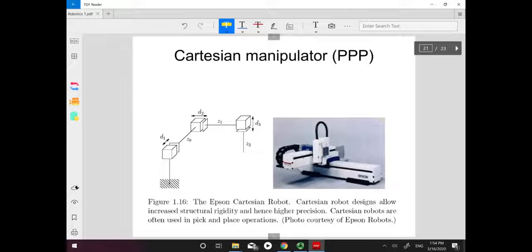So we can see here we have the translational motion, and here we have the translational motion, and we have the translational motion. So quickly we draw the model that is P, P, and P. So this is called a Cartesian manipulator. So that is P, P, P. Okay.